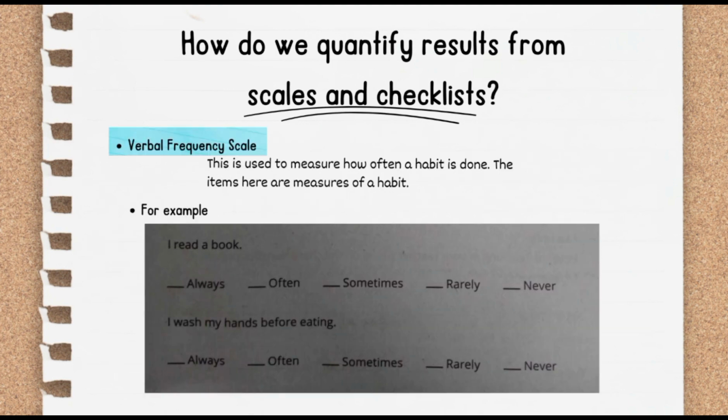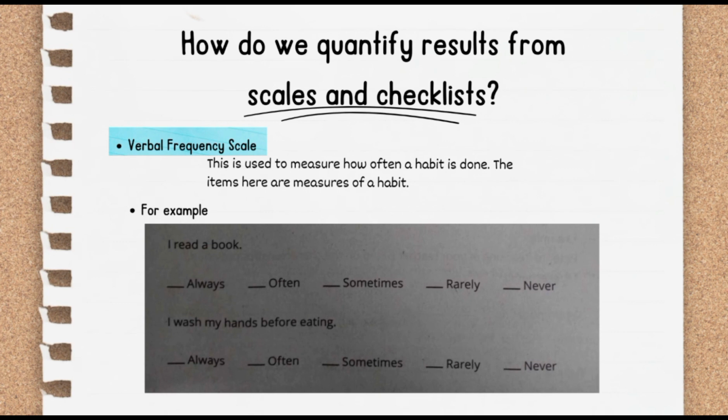So, in the choices for the example "I read a book", with the options always, often, sometimes, rarely, and never, it depends on how many points are given to every term.